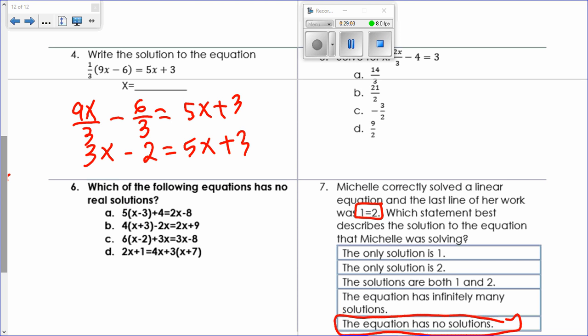This is a take-home quiz grade. Take-home quiz grade is due next week. Make sure it's all done. You want to turn it in next class?